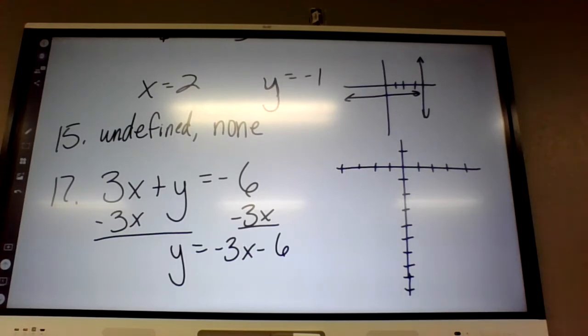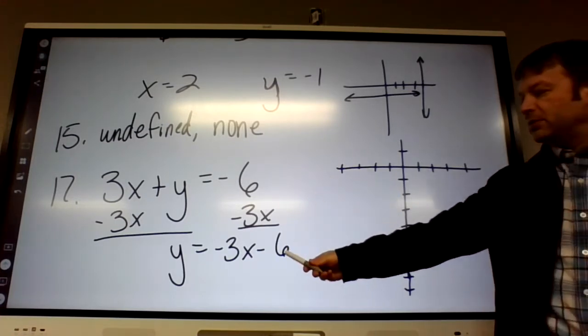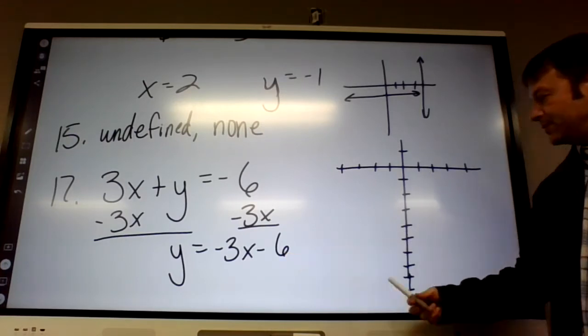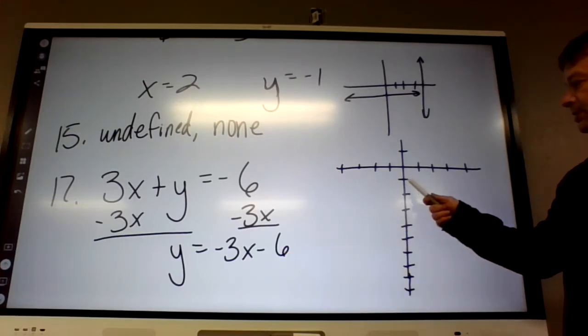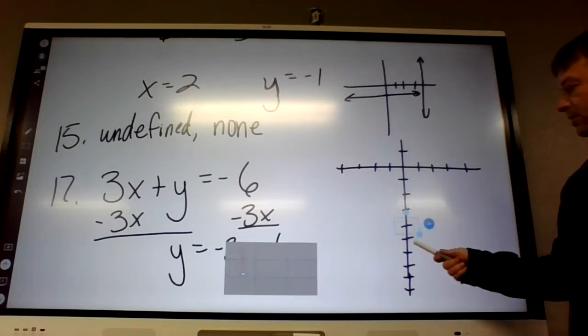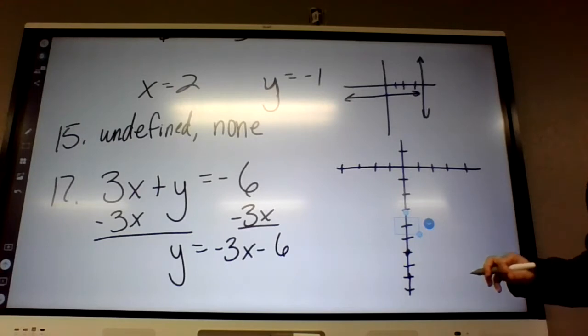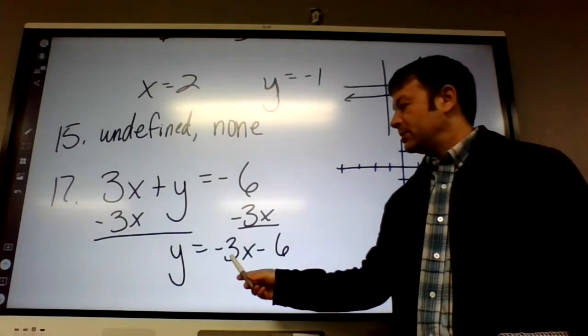Okay, so Easton, where do I start out on the graph? Start out by graphing the y-intercept, which is -6. So you go down 6. And then you go to -3. Okay, -3 is the what?